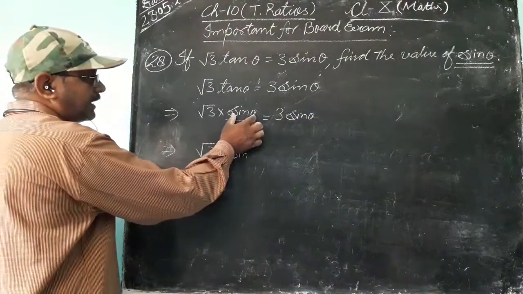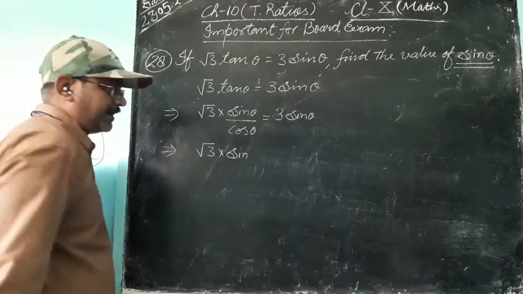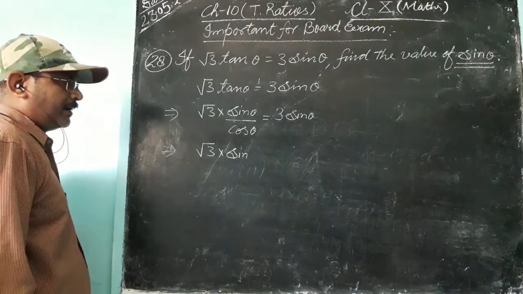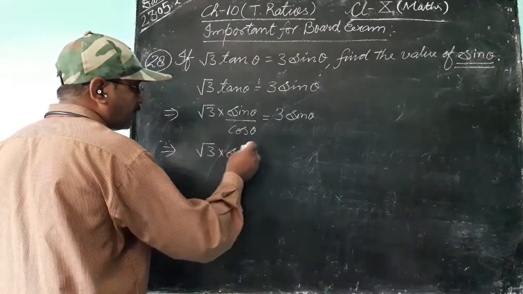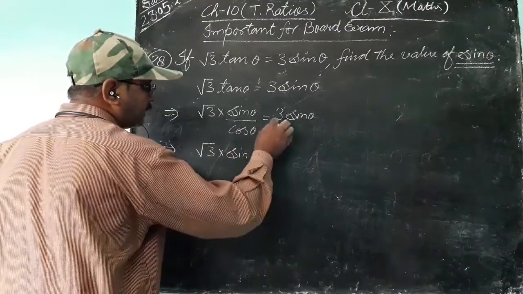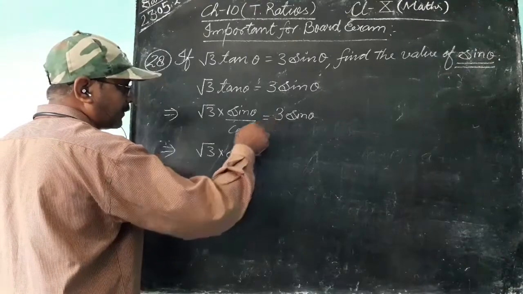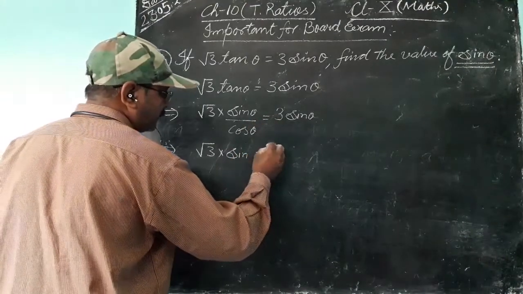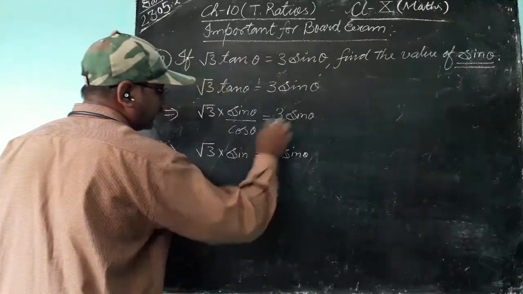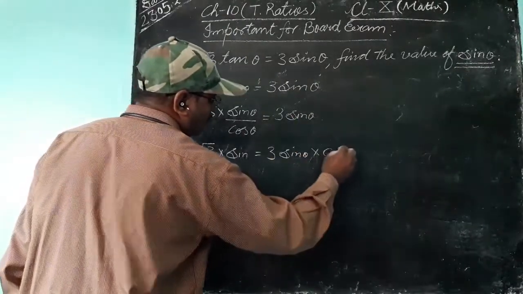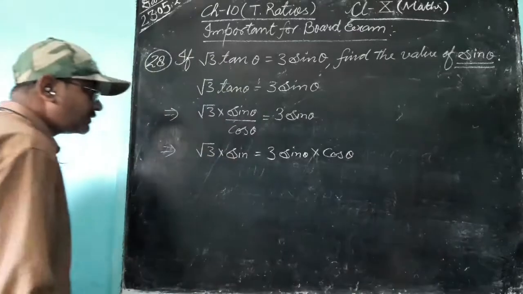Sin theta is given on both sides. But I am not cancelling it directly. First of all, I want to write it with the help of the cross multiplication rule. So root 3 sin theta is equal to 3 sin theta into cos theta. Clear?